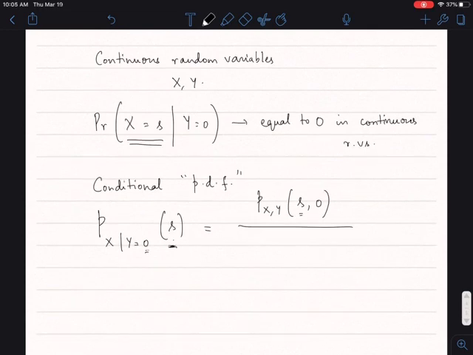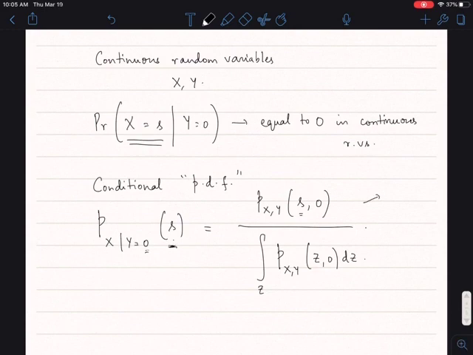So this will just be the integral over all choices of x. Let me use a new variable z. So we have the integral of p_XY of z comma 0 dz. So this is exactly the analog of the discrete case.